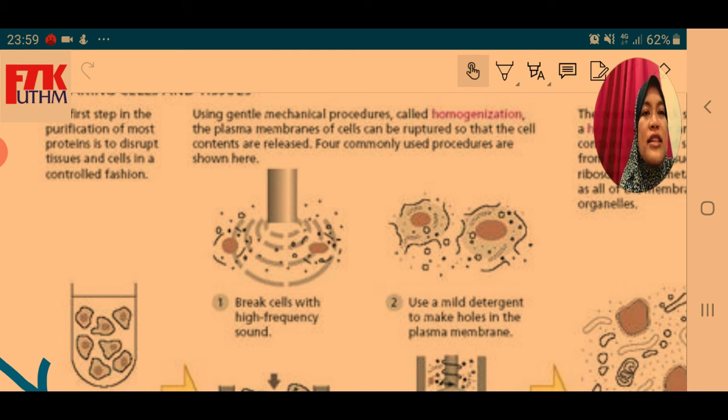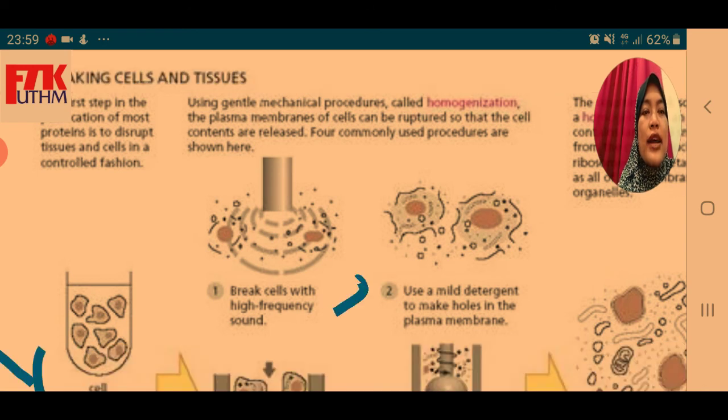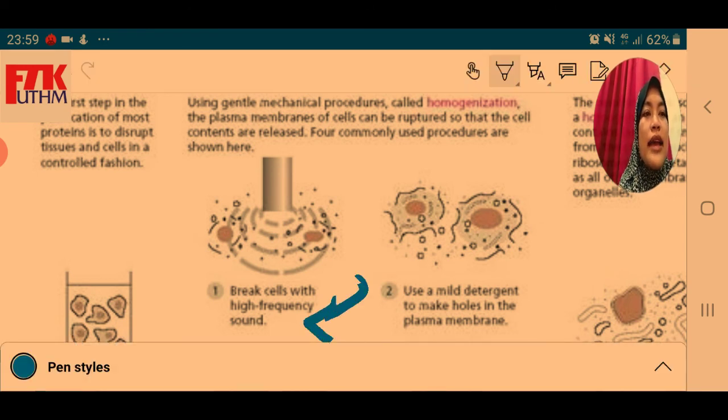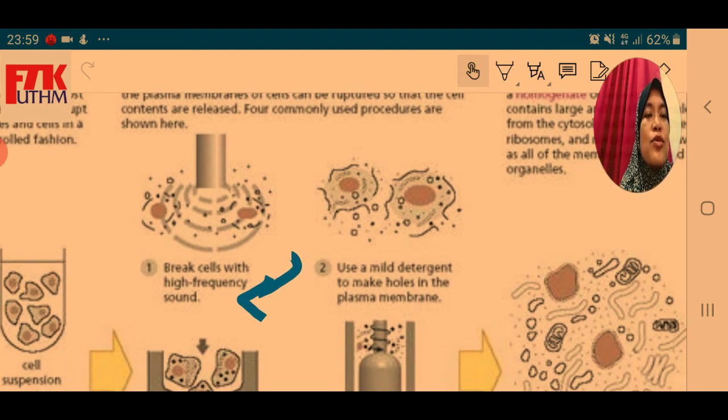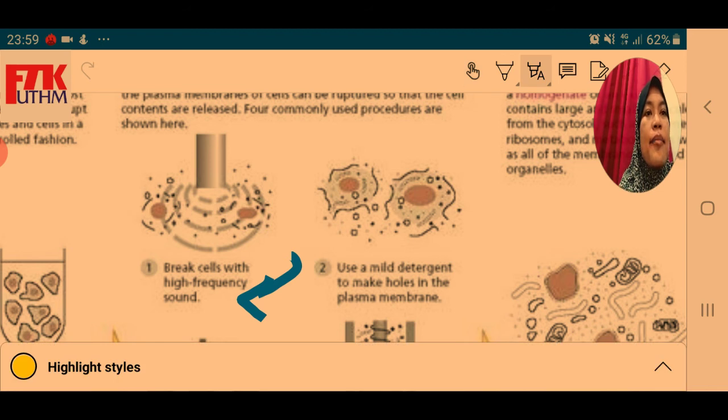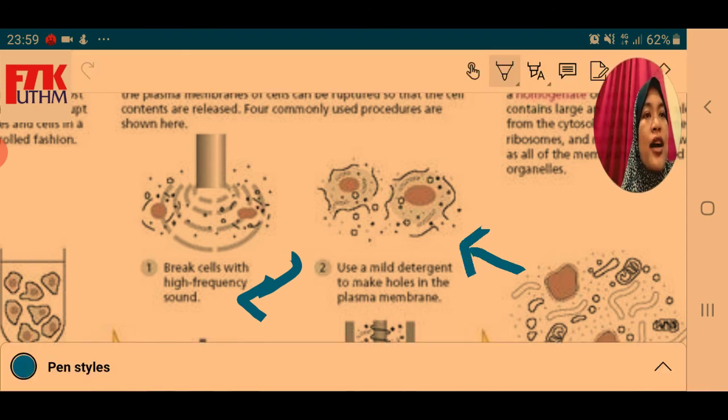The first one is sonication, where you break the cells with high frequency sound. The second procedure commonly used is using a mild detergent. Because the detergent can interact with the lipid membrane, it can make holes in the plasma membrane.